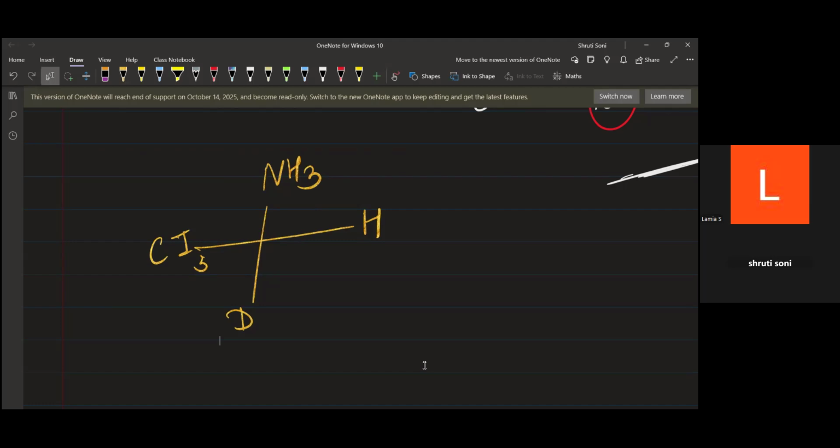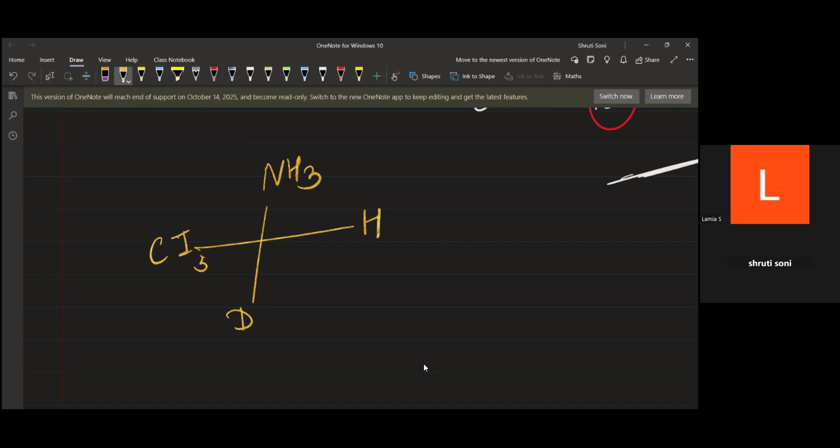No, it is in the same position where hydrogen is, because all the isotopes are in the same position as the atom. What is the atomic number of deuterium? One. Hydrogen and deuterium both have number one.